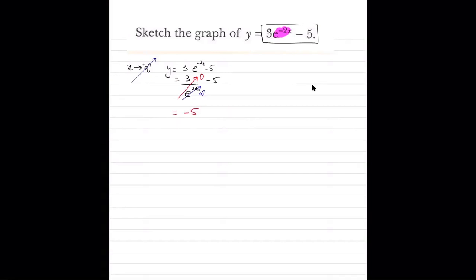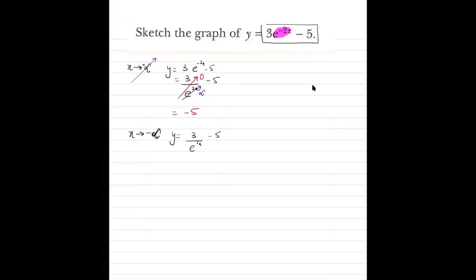And then you can look at what will happen if you take the values of x in the other direction and decrease it to minus infinity. Okay, if you decrease it to minus infinity, what will happen? So y is equal to 3 divided by e raised to the power of 2x, minus 5.